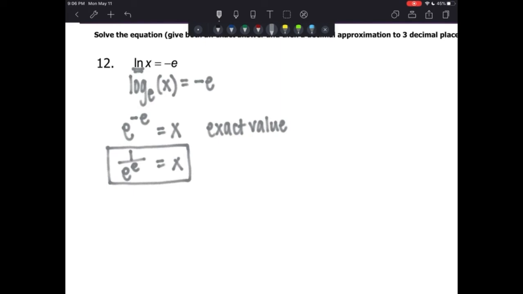I'm going to enter this into my calculator. I'm going to hit Shift, natural log, and when I do that, it brings up an e with a box. In that box, I'm going to hit the negative sign and then Shift, natural log again.